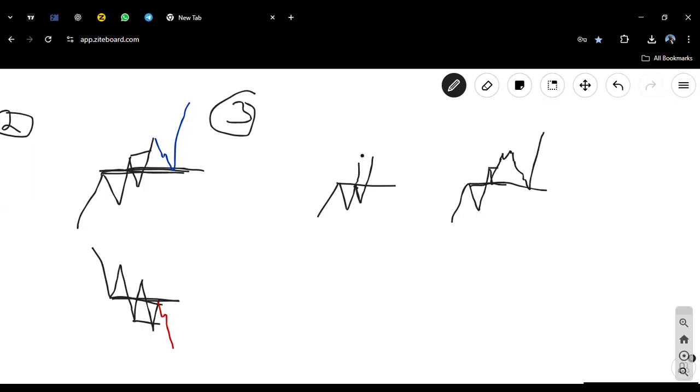So we can use both of these for trading. This is also a type of zone flip, because this was a support area, I mean the resistance area, then it was broken. Now the market is trying to create another resistance area by multiple touches.